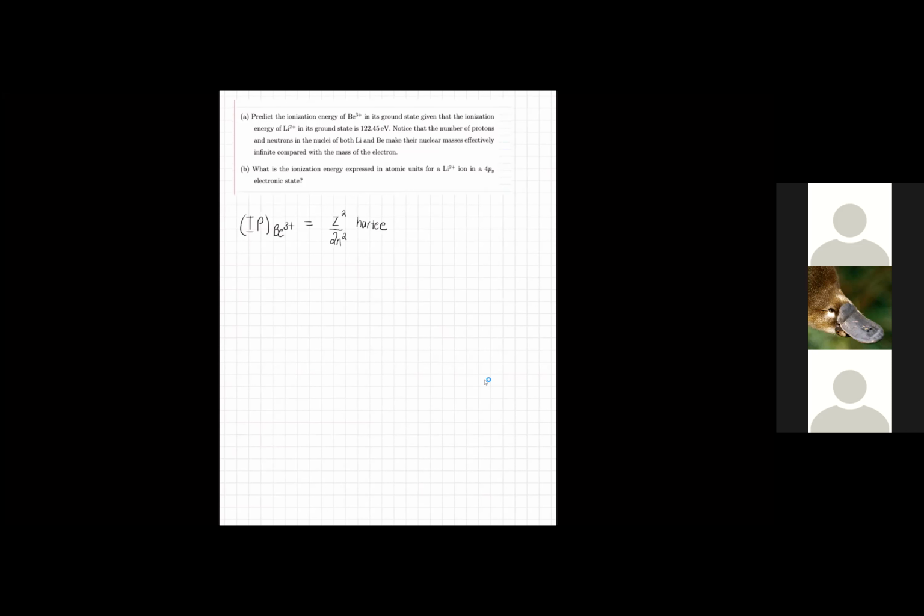But I think they want the ionization energy in electron volts. So it's equal to the negative of the energy equation, which is just this. Okay, you with me so far? Yeah.